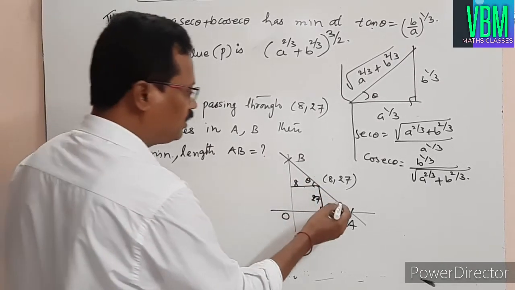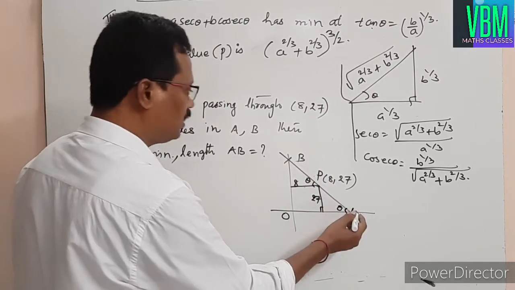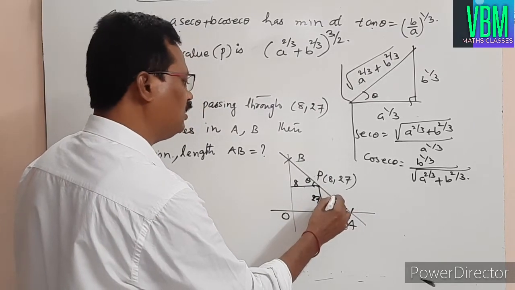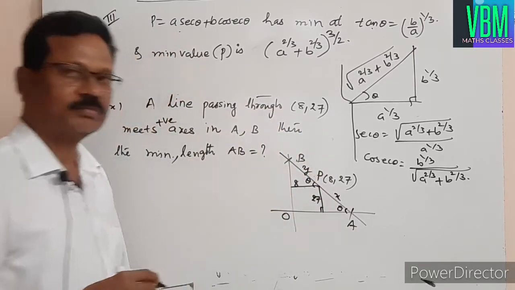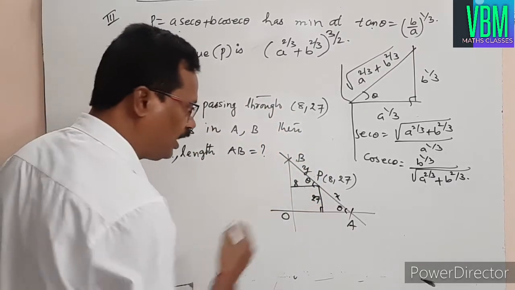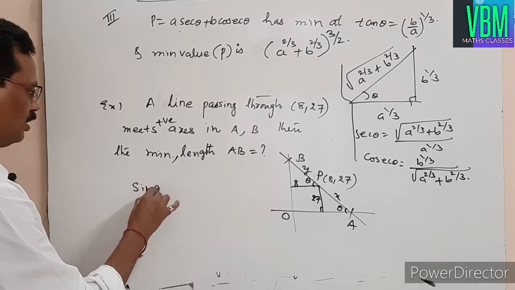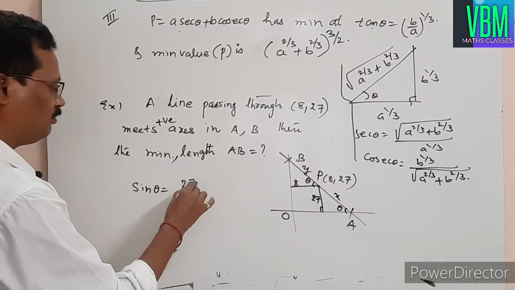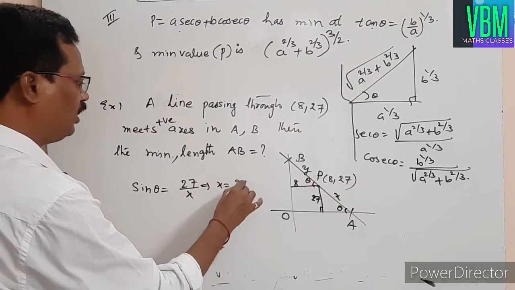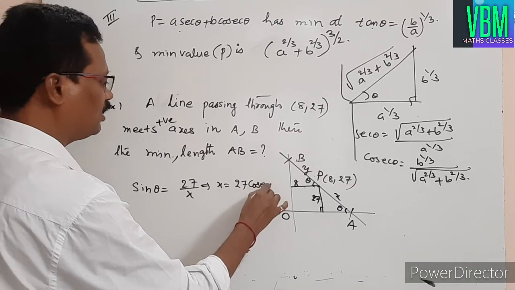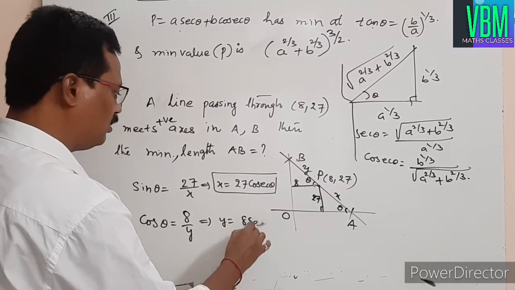And from this point let us consider P. Now this is AP, let us consider X, and PB let us consider Y. In this triangle, what is sin theta? Sin theta is 27 by X. Therefore this implies X will be 27 cosec theta, and Y will be 8 sec theta.